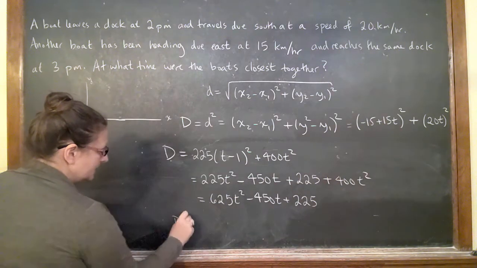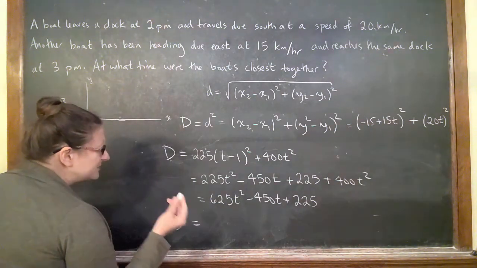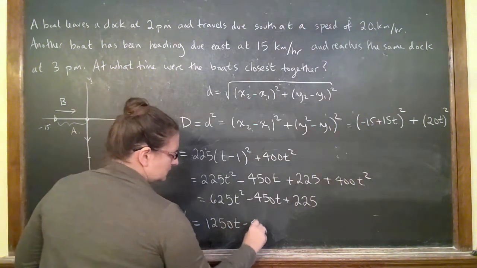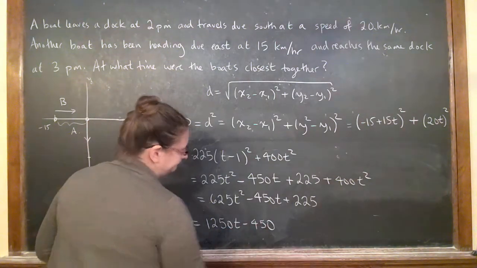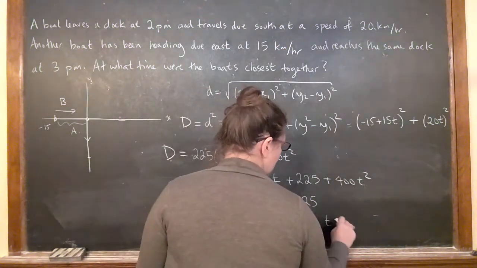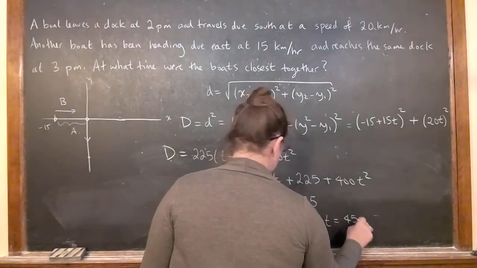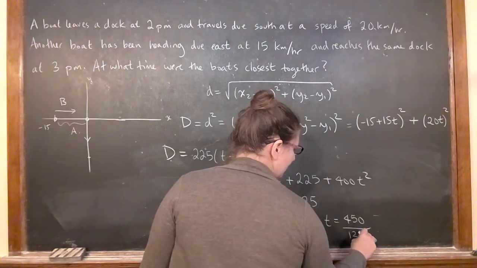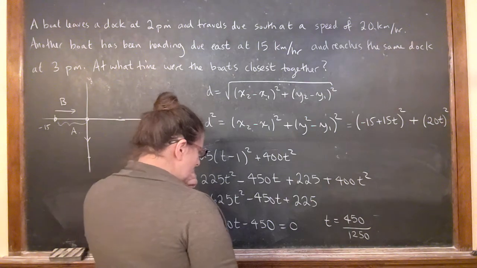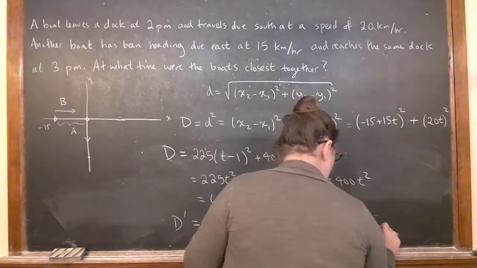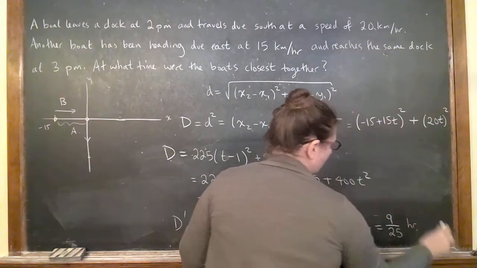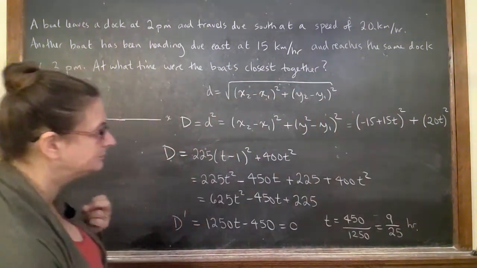Derivative, easy: 625 times 2 is 1250, so 1250t minus 450. Linear, I'm going to set that equal to 0. I have t equals 450 over 1250, so that's 45 over 125. If I take out 5 times 25, this is 9/25 of an hour.